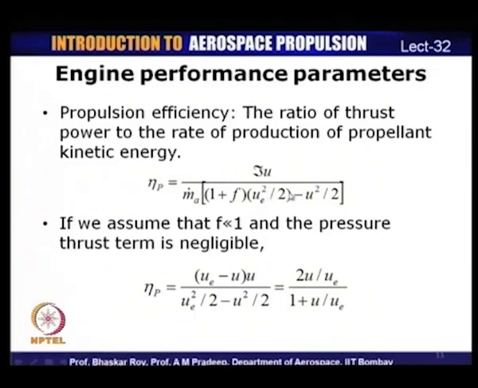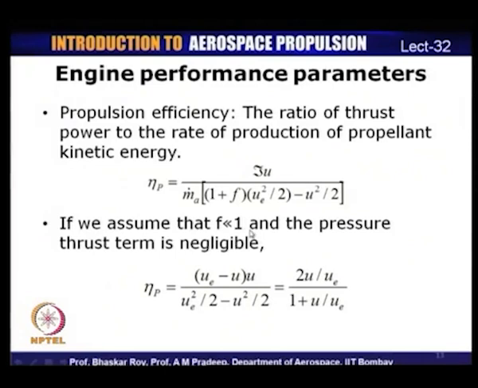The difference between those two is the rate of production of propellant kinetic energy. So, this ratio, thrust power to the rate of production of propellant kinetic energy, is known as the propulsion efficiency. Now, let us simplify this and see what happens.